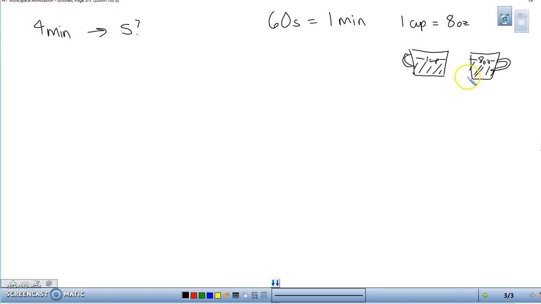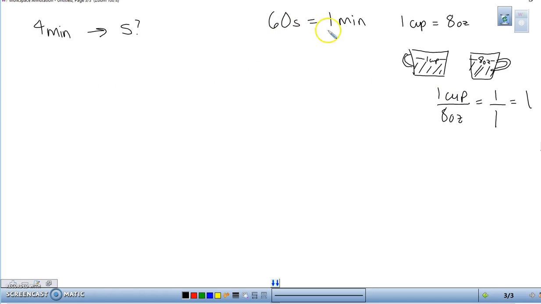So if it's the same amount, if I divide these two numbers, technically it's going to be 1. So 1 cup divided by 8 ounces is the same as me saying 1 divided by 1, which is equal to 1. The point I'm making here is if I multiply this by other numbers, it's not going to affect the measurement, because we're just changing the units.